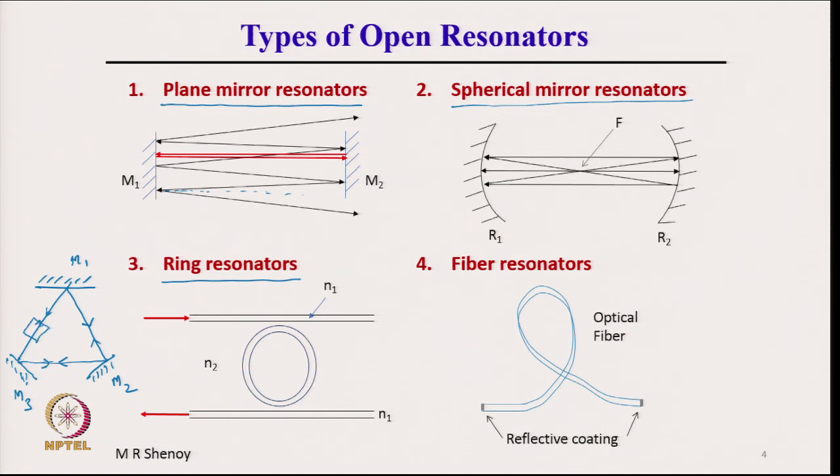So, if you put an isolator, it is called an optical isolator. An optical isolator is basically a diode which permits light to pass in one direction.